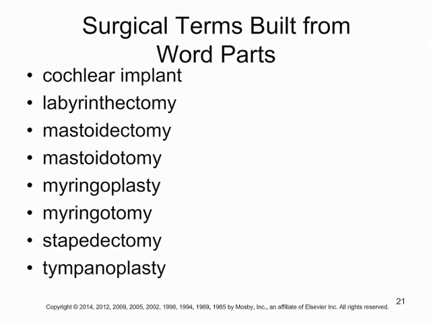The other terms on this list are mostly incisions and removals. For example, a labyrinthectomy would be excision of the labyrinth, or that entire inner ear area. Mastoidectomy would be removal of the mastoid. But you could also have a mastoidotomy, which would be an incision into the bone.